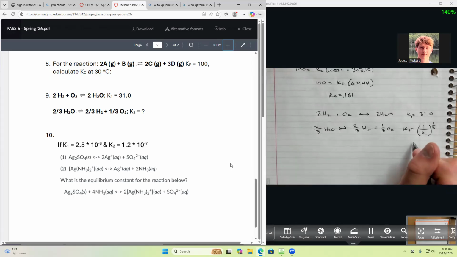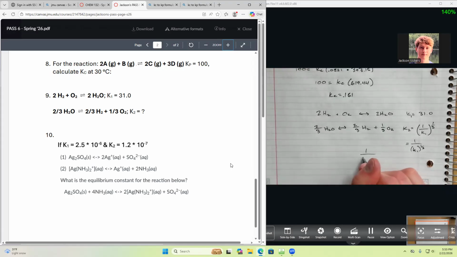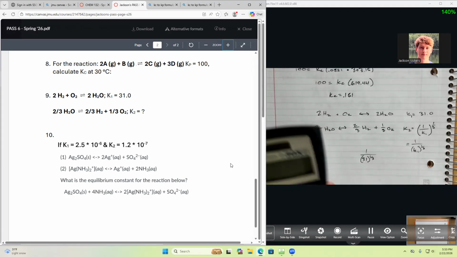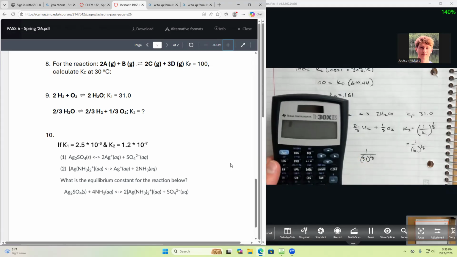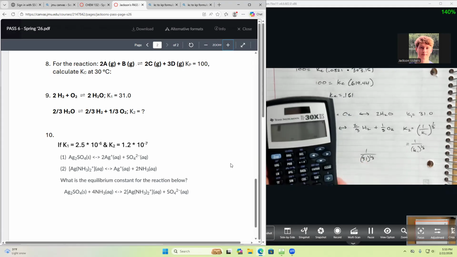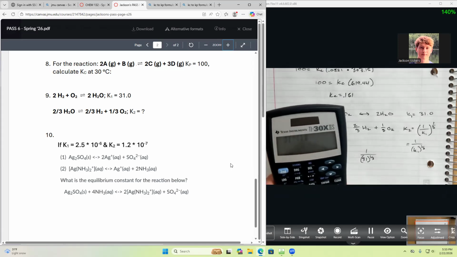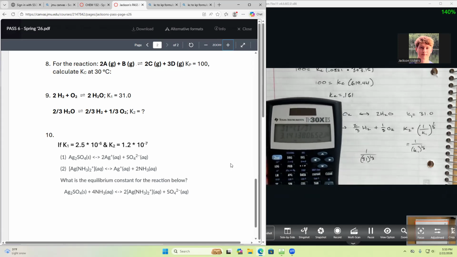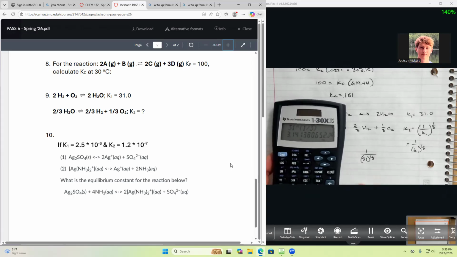So really all we're doing here is going 1 over K1 to the power of 1/3. And we know what that is: 1 over 31 to the power of 1/3. Now I would first get that denominator looking better. 31 to the power of 1/3 gets us 3.14.